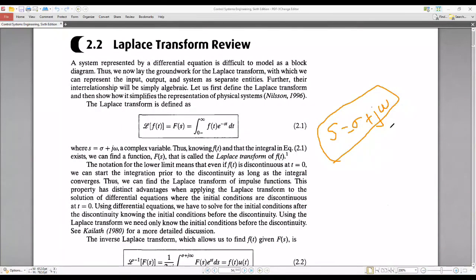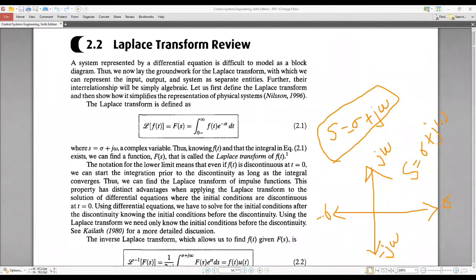That is actually s. This axis is j omega, this is sigma, this is negative sigma, and this is negative j omega. So s is equal to sigma plus j omega.